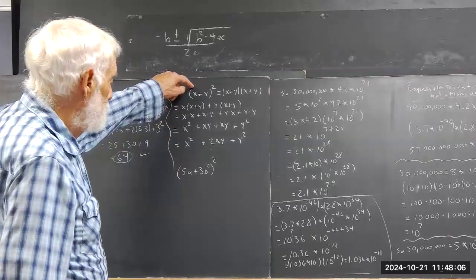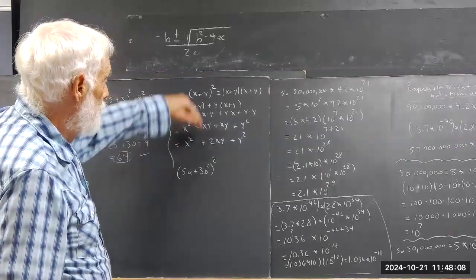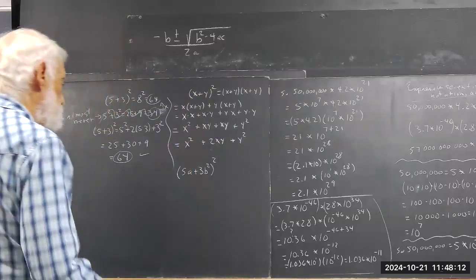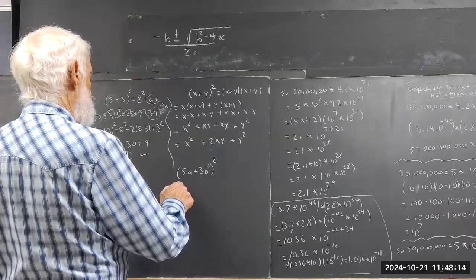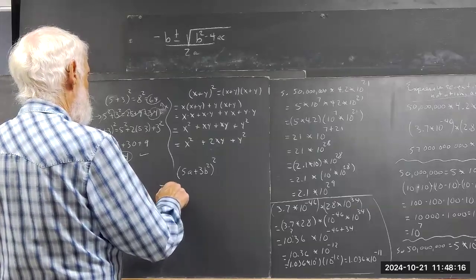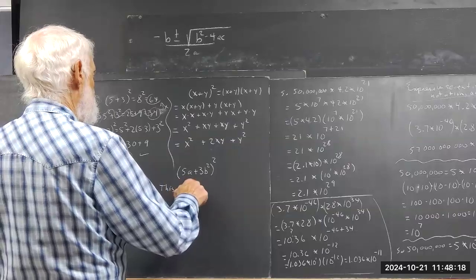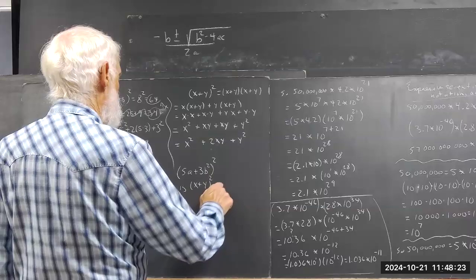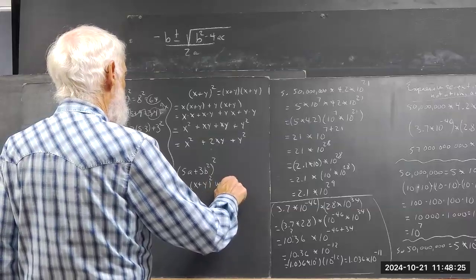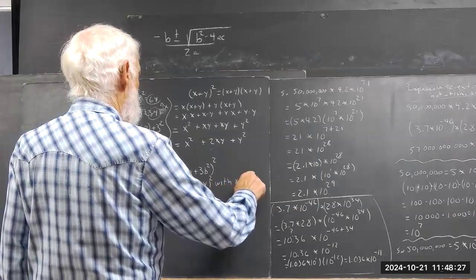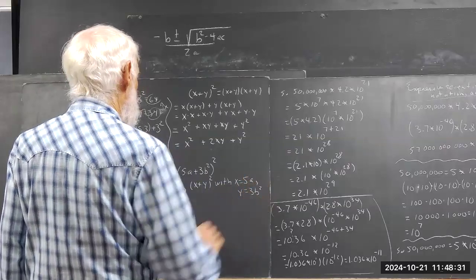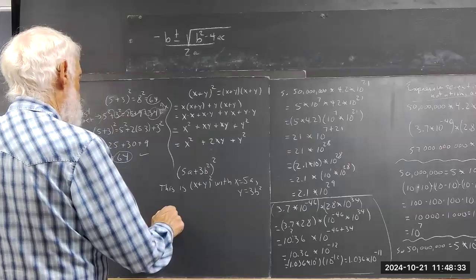If you let x equal 5a and let y equal 3b squared, you have this.